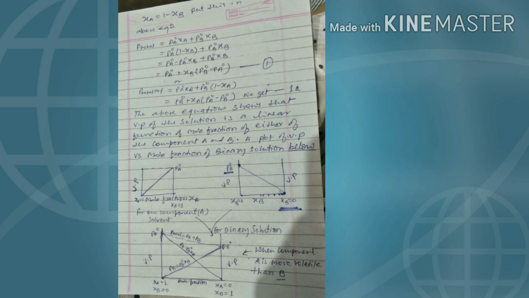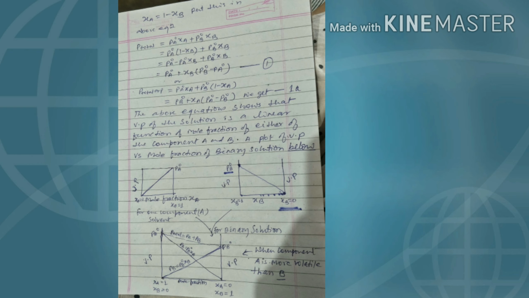Again, on putting the value of XB, we will get equation 1A, in which P total is equal to PB naught plus XA bracket PA naught minus PB naught. In the above equations, we see that the vapor pressure of the solution is a linear function of the mole fraction of either component A or B.